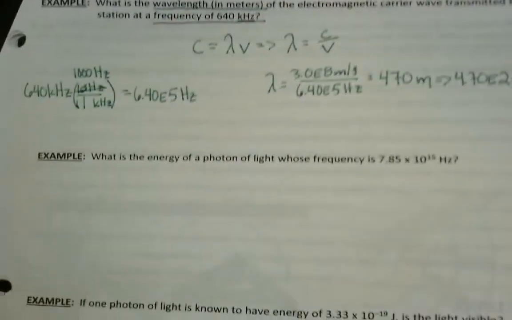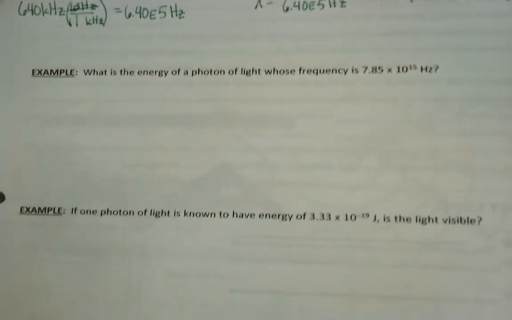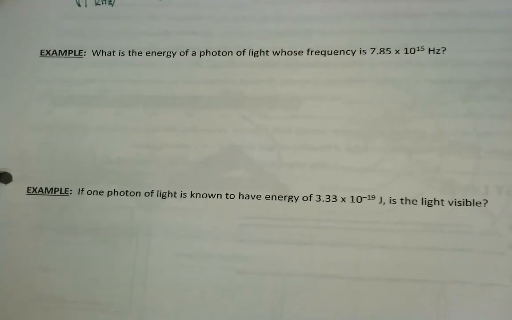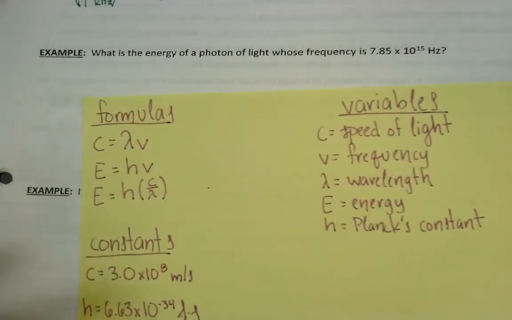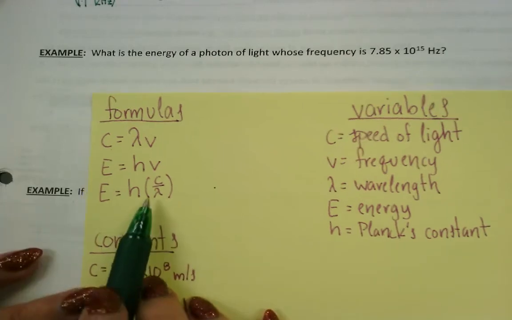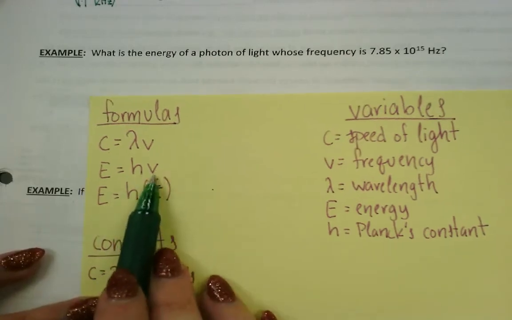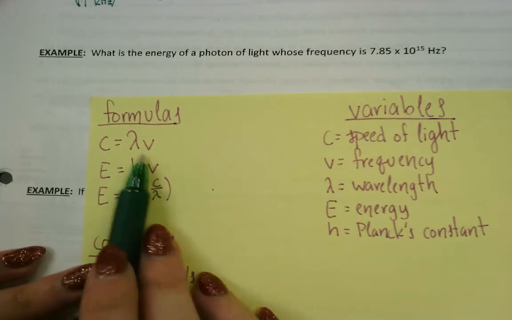All right, now we get to move on to energy. So now we're using a different formula. We have one formula for energy that we can rearrange and get a different one. So if we remember, v is up here.